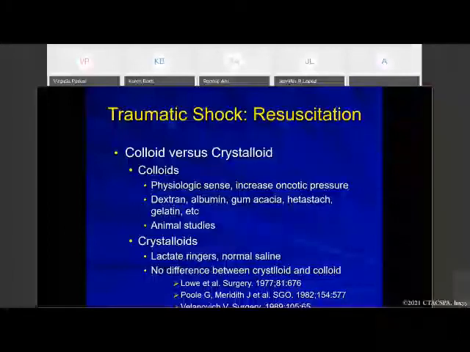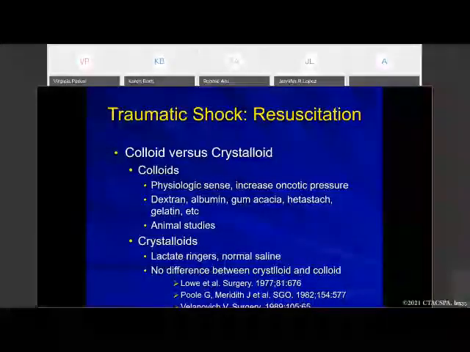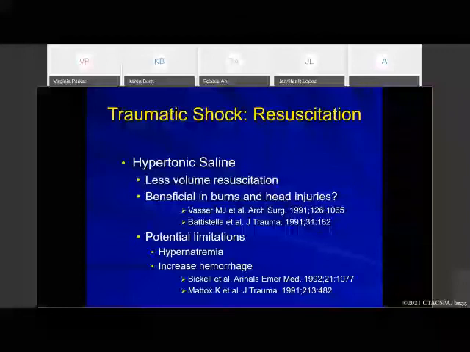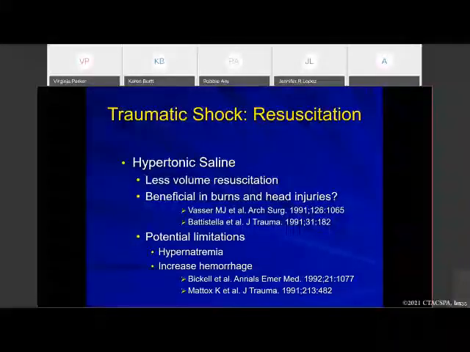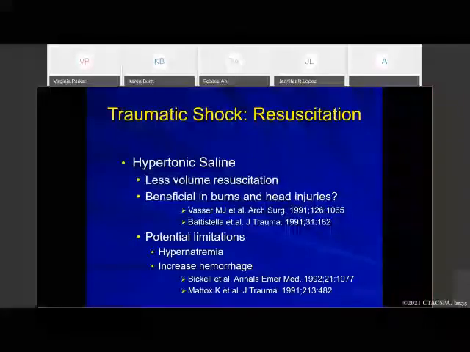These are the studies that they did, a whole bunch of them, that show colloids versus crystalloid in trauma. The bottom line is there was no difference in resuscitation giving colloid or crystalloid, so we end up giving crystalloid, particularly because it is cheaper. Just in case you wonder about hypertonic saline, it's there, the limitations and what we've experimented with.